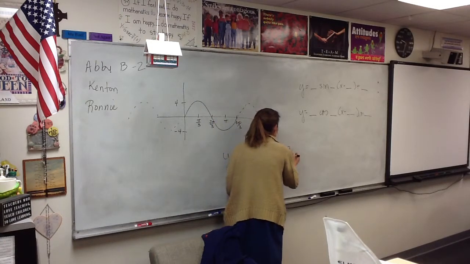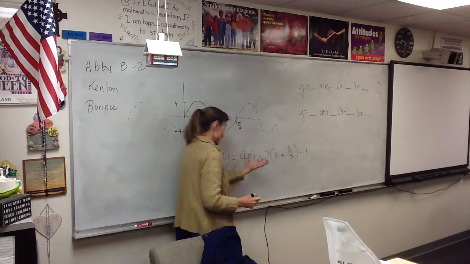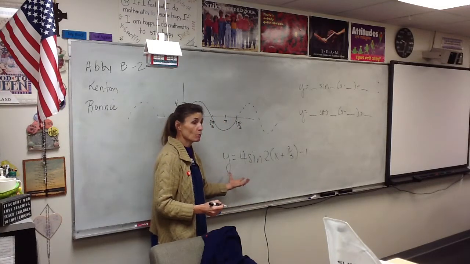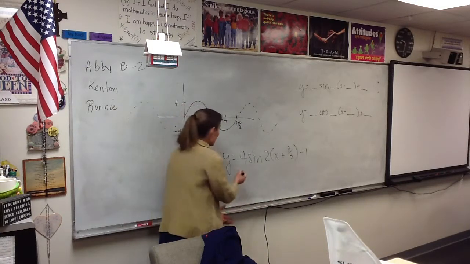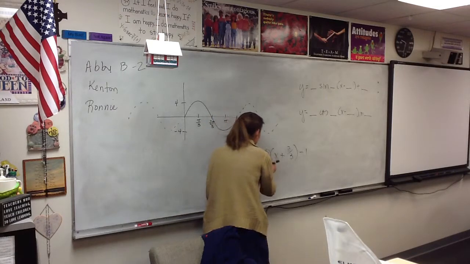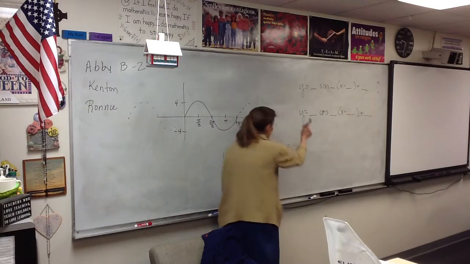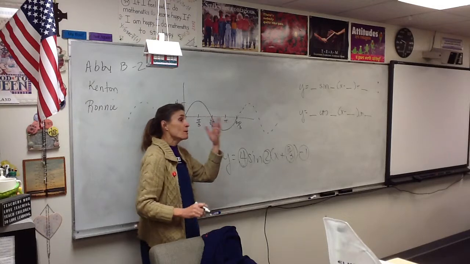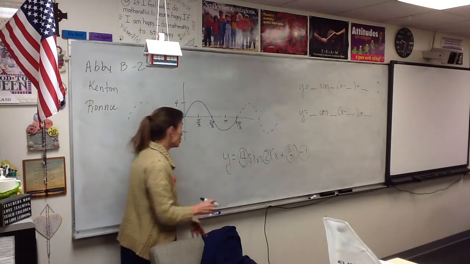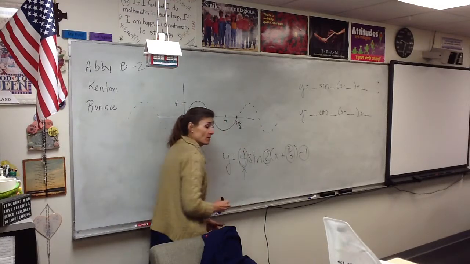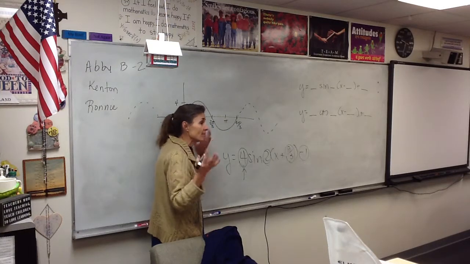I'm making this up, I don't remember the quiz question. But there's an equation. You have a number here, a number here, a number here, and a number here. Those are the blanks that you're filling in. But each of those has a purpose. What is the purpose of this number? What does it have to do with?